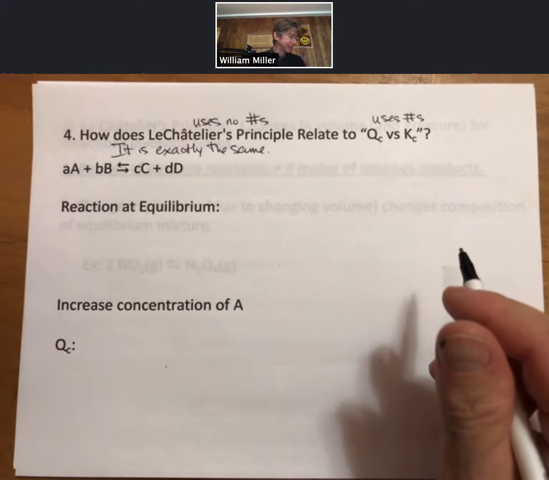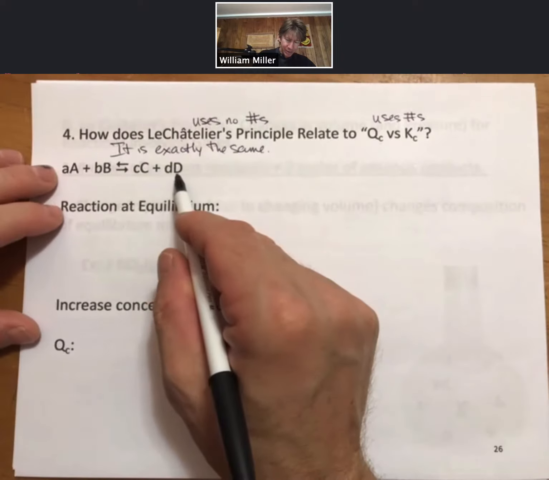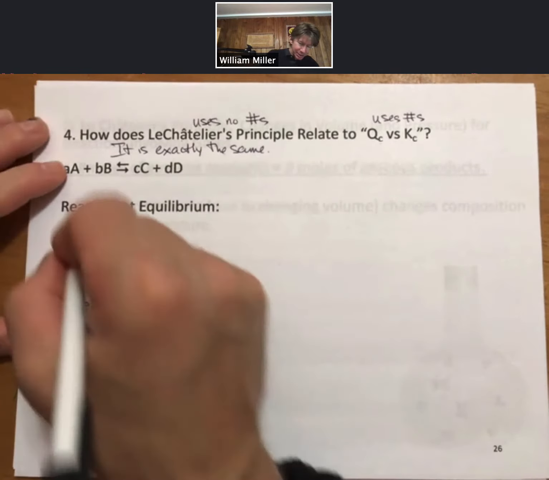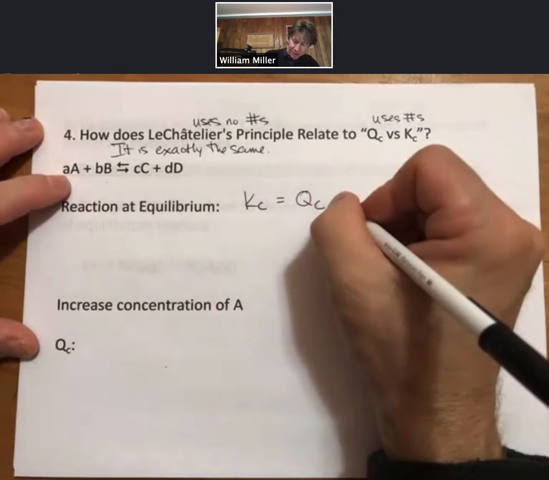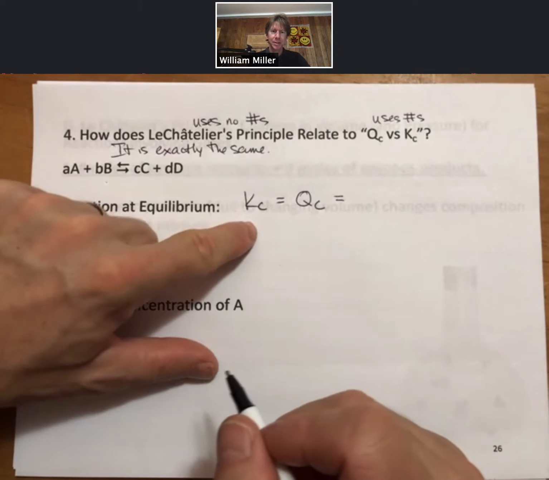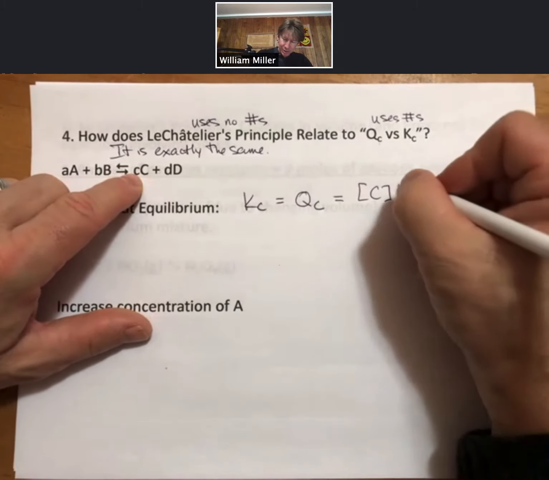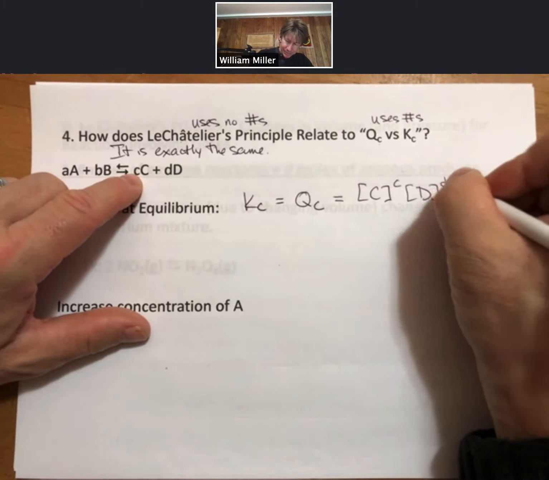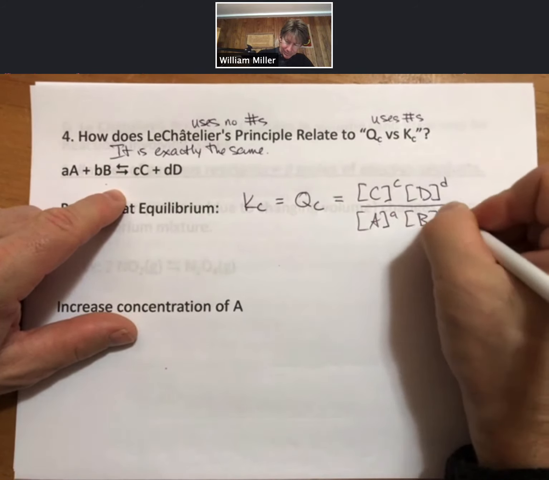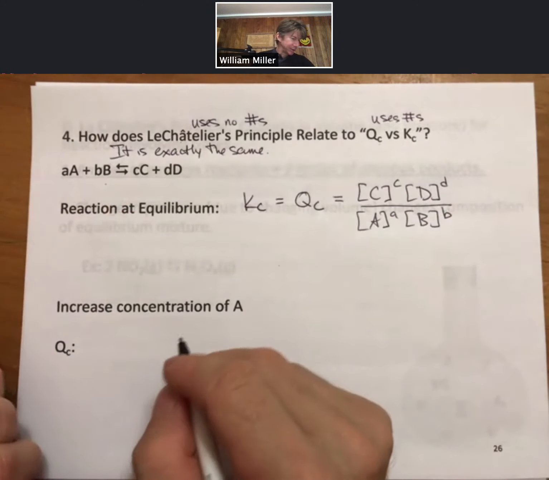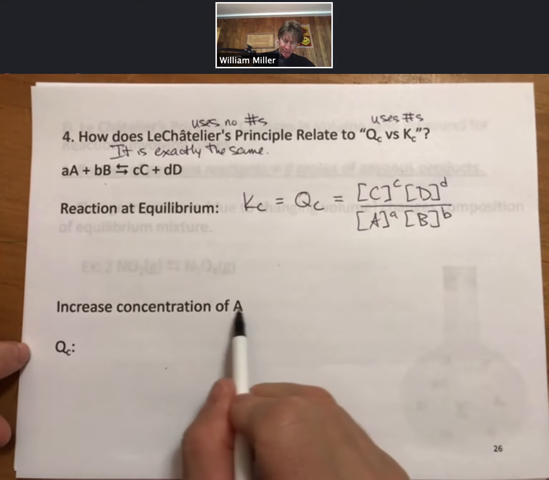They are complementary techniques. And so as a reminder, we have a reaction. The reaction's at equilibrium, and so Kc equals Qc. And for this reaction, both of them, if the reaction is at equilibrium, would be products raised to coefficients over reactants raised to coefficients at equilibrium.